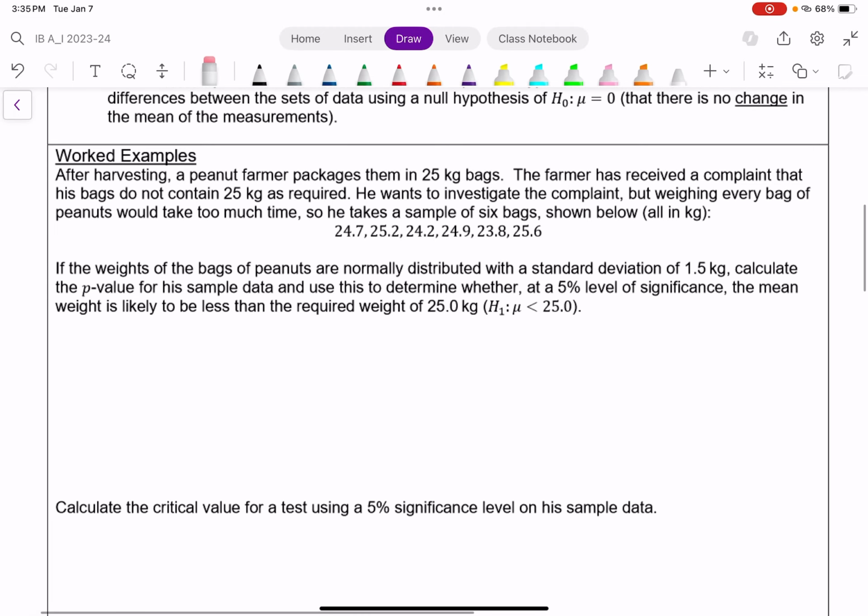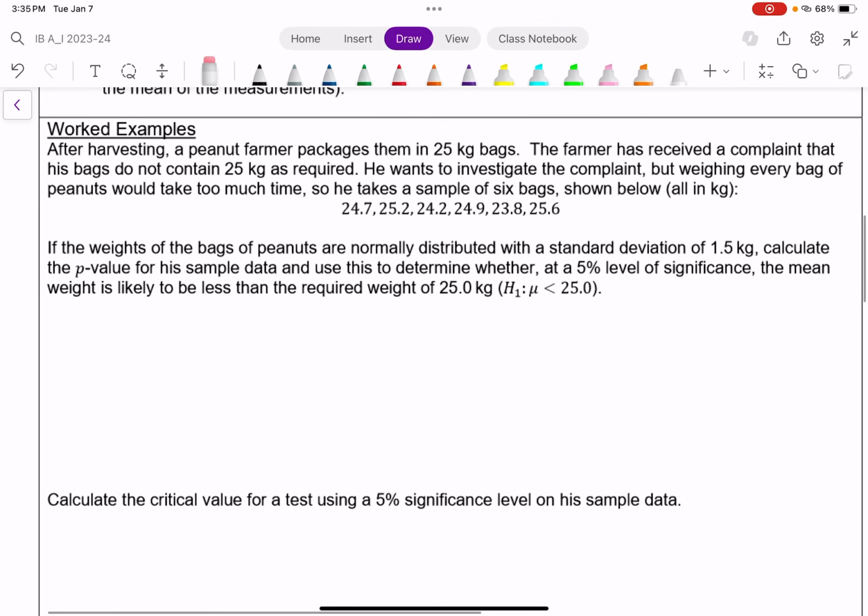So we have here a good old peanut farmer, and they package peanuts in 25 kilogram bags. However, he's received a complaint that the bags do not have 25 kilograms. To investigate this, it not being reasonable to measure every single bag, he takes a sample of 6 bags, and we can see the sample weights here.